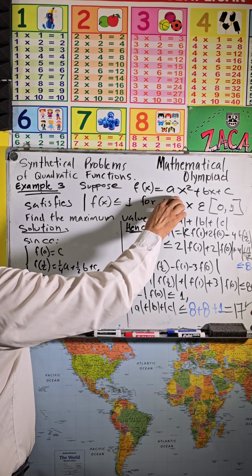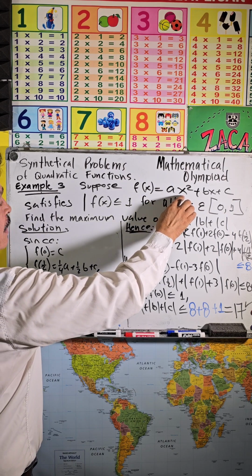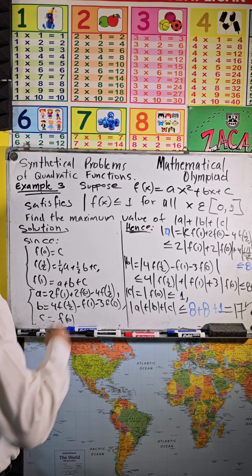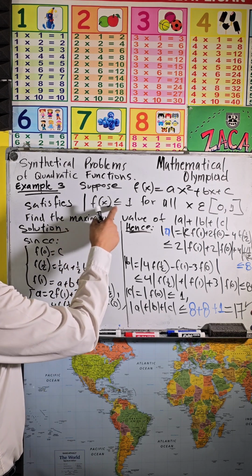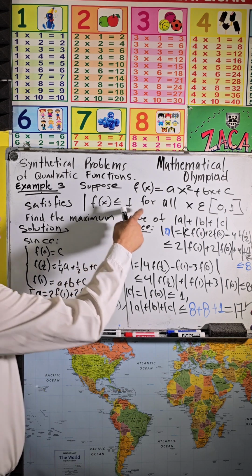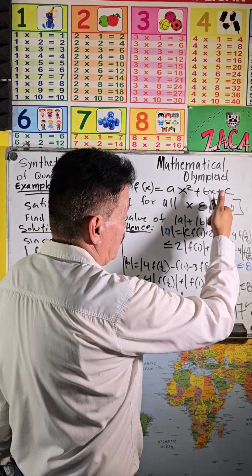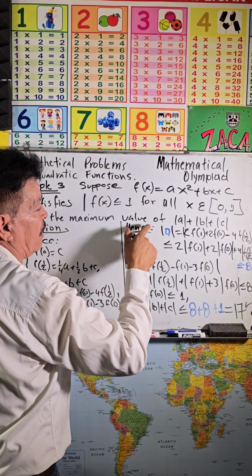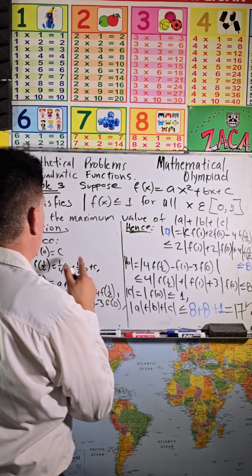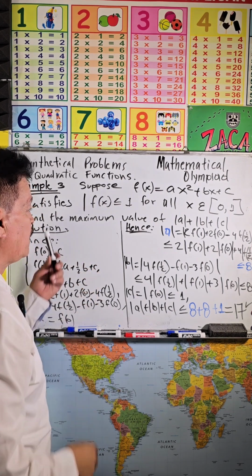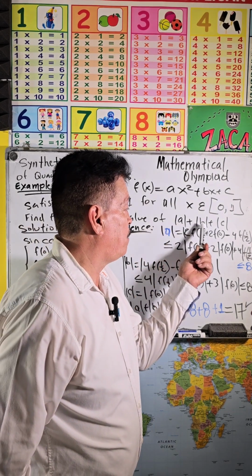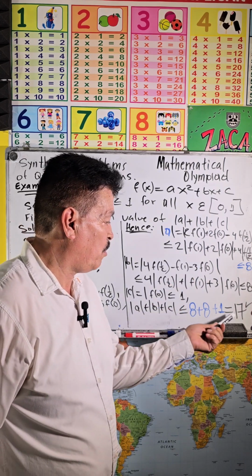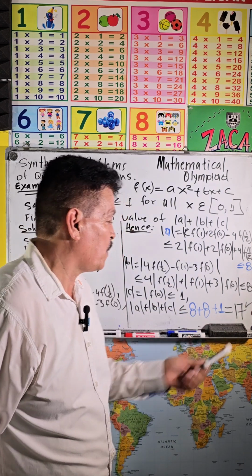Suppose f of x equals A x to the second power plus bx plus c, and satisfies the absolute value of f of x less than or equal to 1 for all x belonging to [0, 1]. Find the maximum value of the absolute value of a plus b plus c. So this is the maximum value.